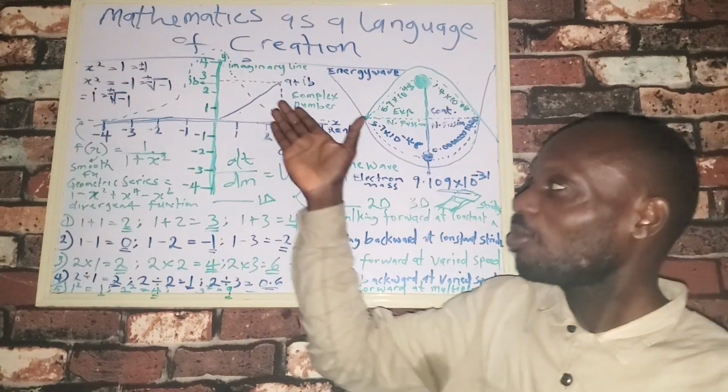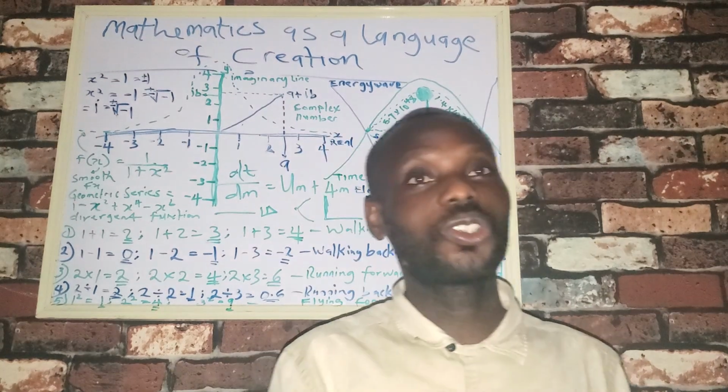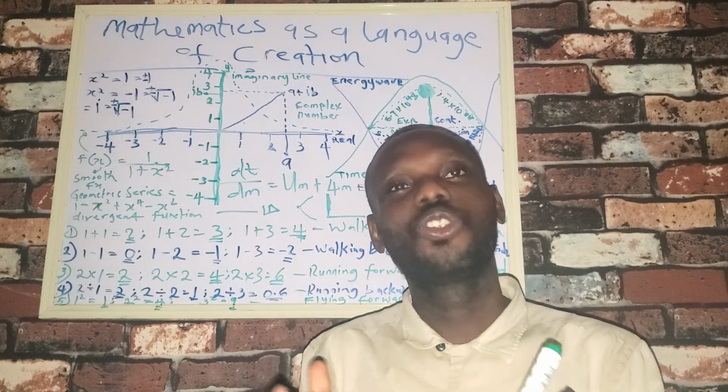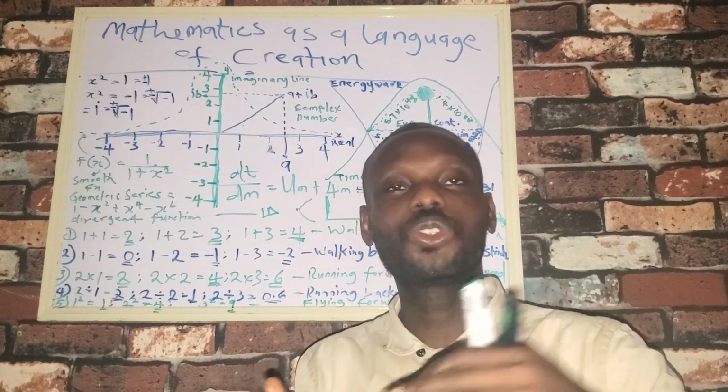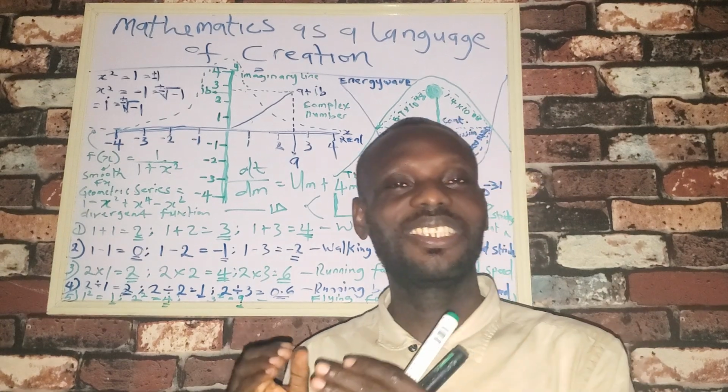So now, what I want you to know is that God gave Moses instruction to build the tabernacle, then the ark. God gave him measurements of what to use as length, breadth, height. So mathematics is given.